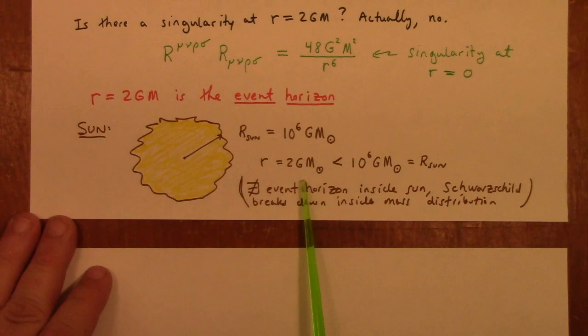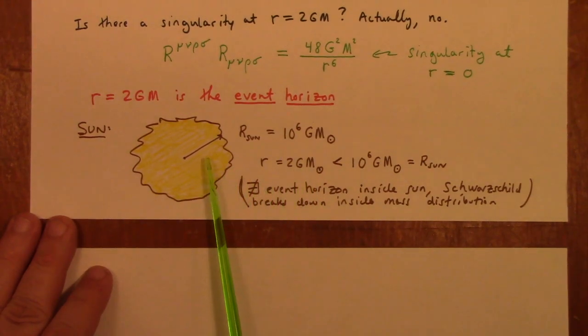So I'm forgetting how to read my formulas here. I think what this is saying is that the actual observed radius of the sun is, roughly speaking, 10 to the 6th times GM of the sun. On the other hand, the Schwarzschild radius is 2GM naught, right? So the Schwarzschild radius is very much inside the sun.